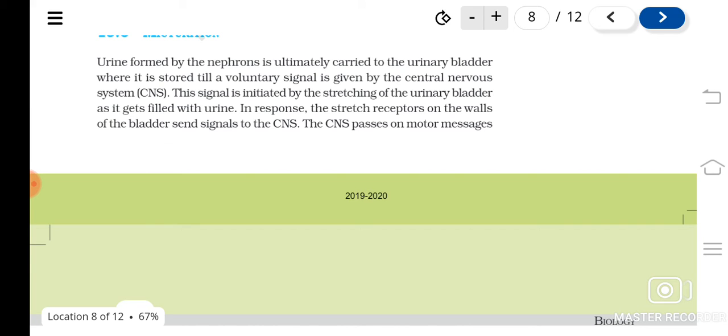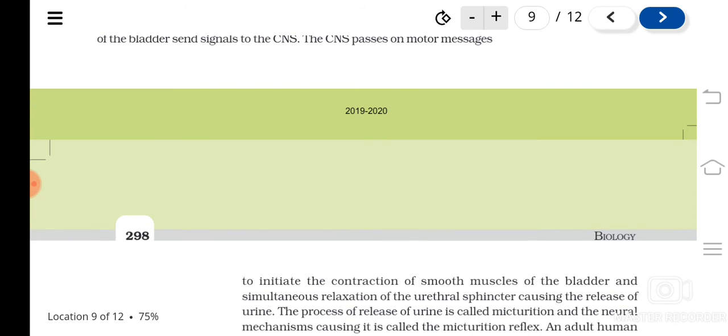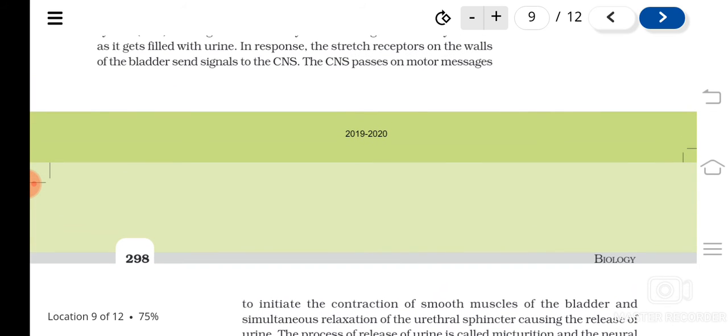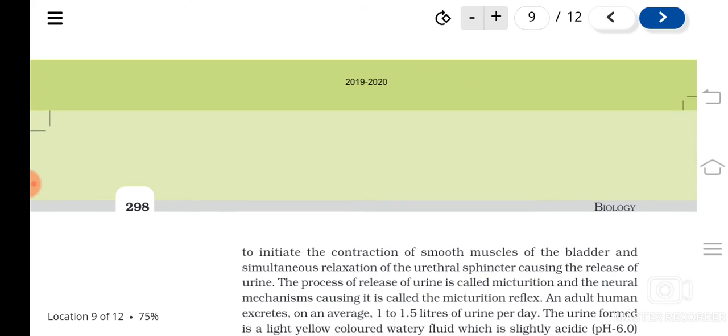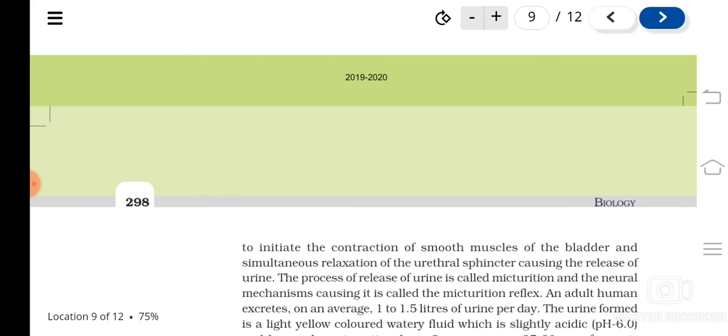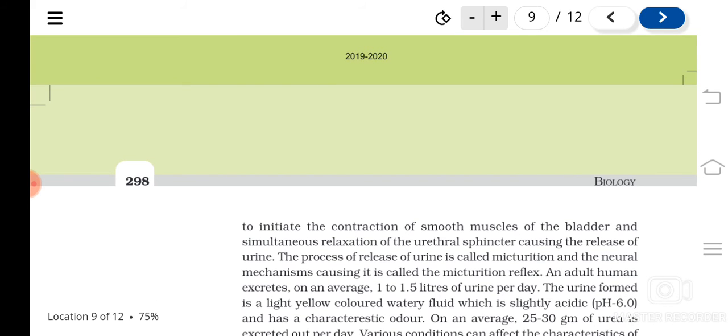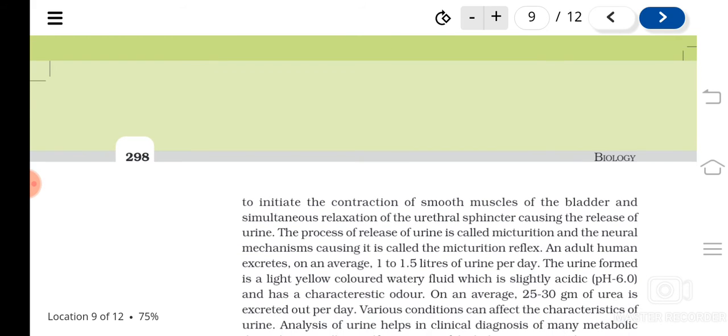Who gives the signal to start the process of micturition? It is the stretching of the urinary bladder when it is filled with urine. A signal will be initiated and sent to the CNS, the central nervous system, and then the CNS sends motor messages to the walls of the urinary bladder.